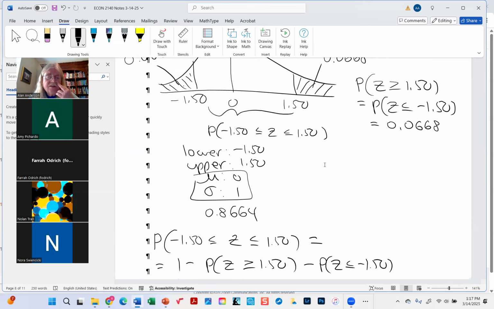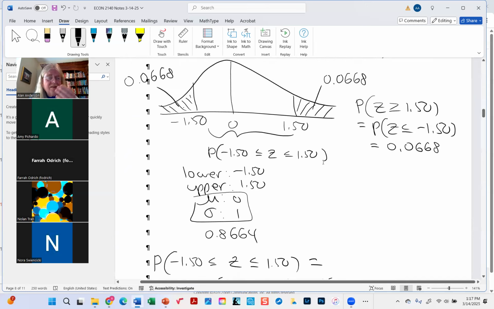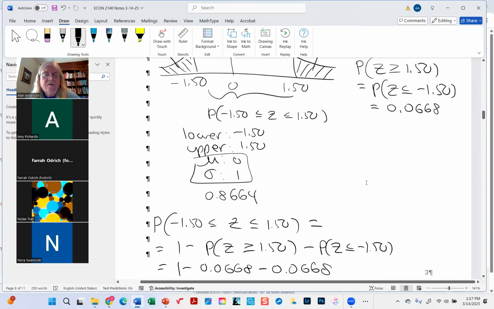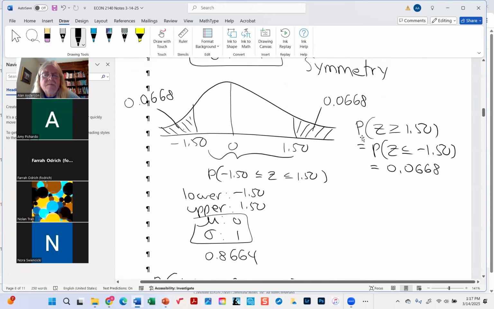But it turns out that wasn't absolutely necessary because the entire area under the curve is 1. Each shaded region is equal to 0.0668. So the area in the center could be thought of as 1 minus the probability that z is greater than or equal to 1.5 on the right, and we also subtract the probability that z is less than or equal to negative 1.5 on the left.